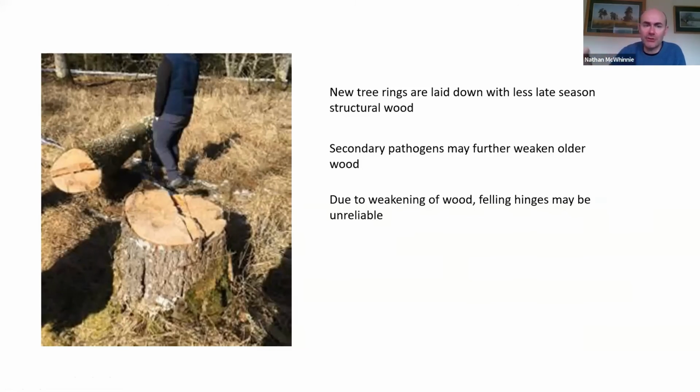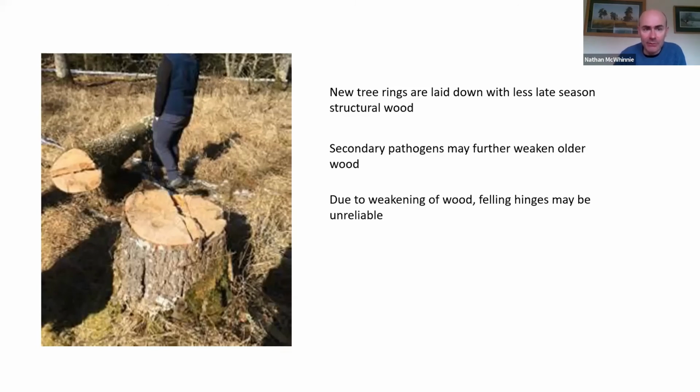So the new tree rings being laid down in ash dieback affected trees. The tree has a biological imperative to lay down its springwood vessels in order to transport water.